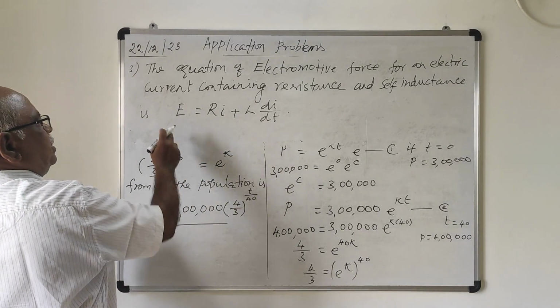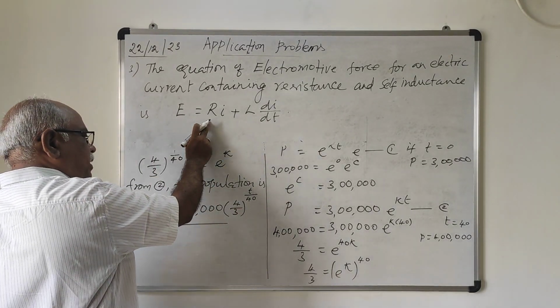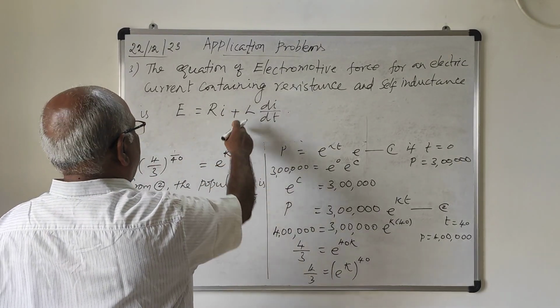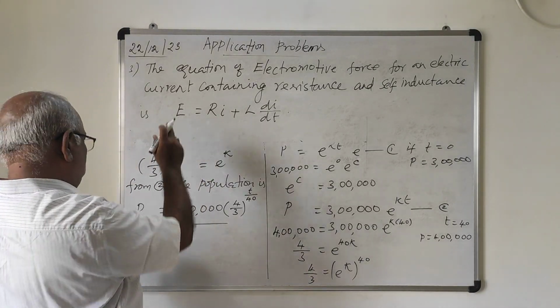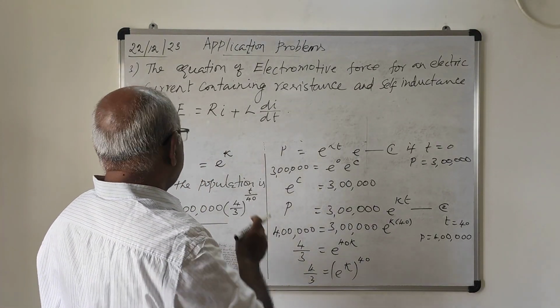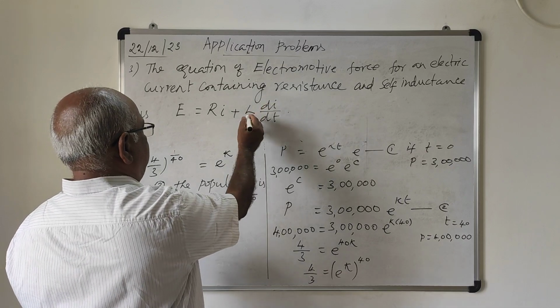This is the equation for the electromotive force. R is the resistance, L is the self-inductance, and E is the electromotive force.